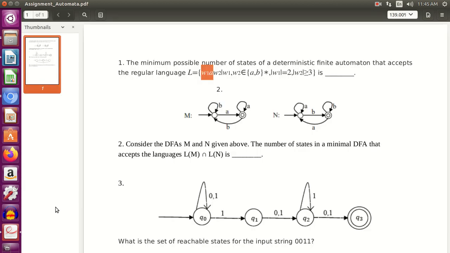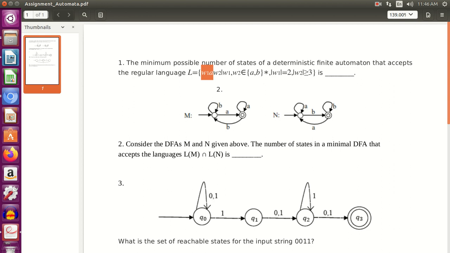If somebody thinks in this way that I will try to do the intersection, like suppose this is A and this is B, this is C and this is D. So if somebody tries to intersect like AB, AC, AD and BC, BD, it will be a cumbersome process and you might end up in a wrong answer.